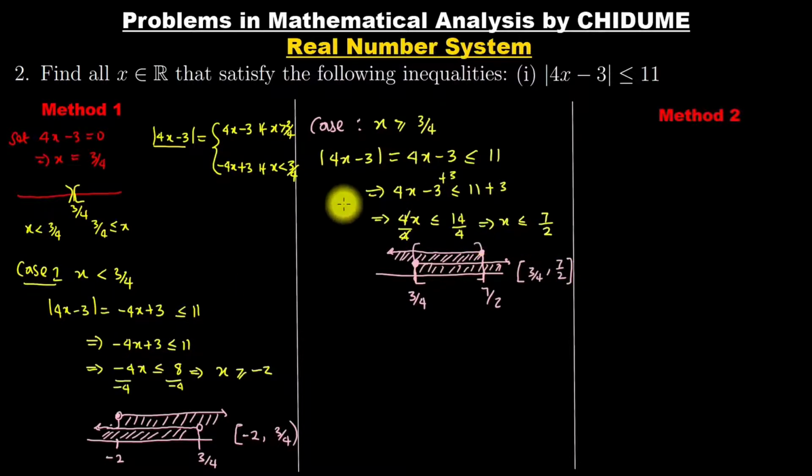Now, since we've considered the two cases, this is case 1, this is case 2, what we need to do next is to take the union of the two cases.